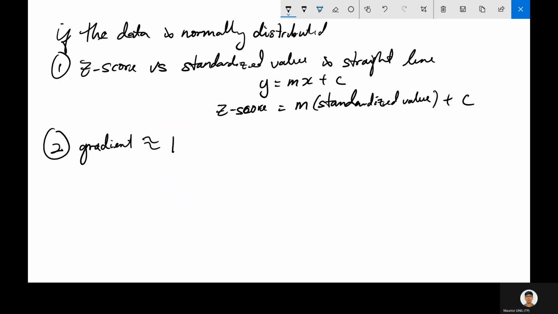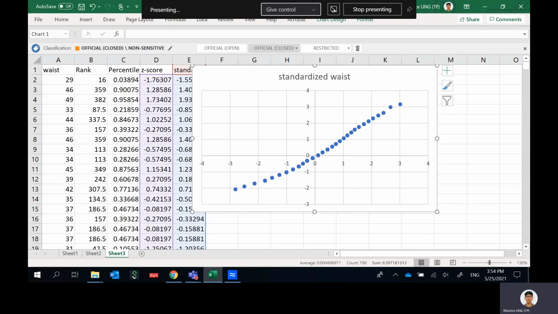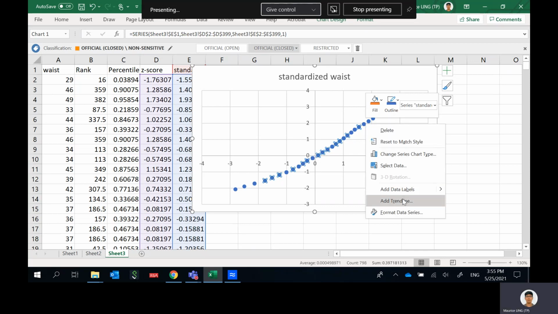Okay, so at least from our plot, it's almost like a straight line already, right? So the next thing is to check whether the gradient equals 1. So all you need to do is to click on the data points, right click, add trend line. Okay, add a trend line.